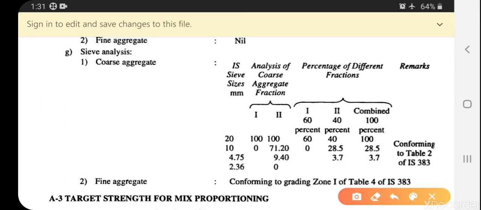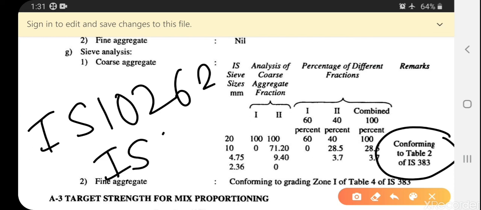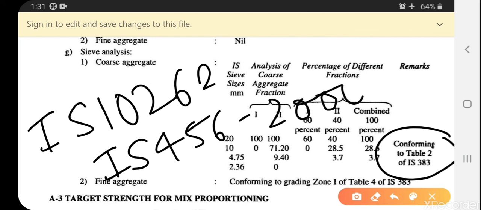These are taken from the conforming Table number 2 of IS 383. In the examination they only permit IS 10262, so these code values are not so important compared to 10262, or they may permit IS 456 2000 and IS 10262 2009.